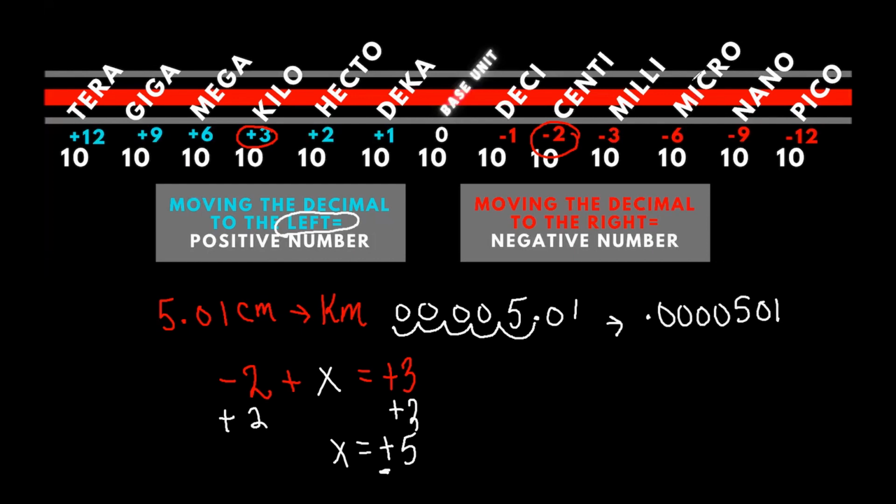If they ask me to write this in scientific notation, then we know that our decimal is right here, and I go 1, 2, 3, 4, 5. I moved it 5 times, and I moved it to the right, which means negative number. So my final answer is 5.01 times 10 to the -5.